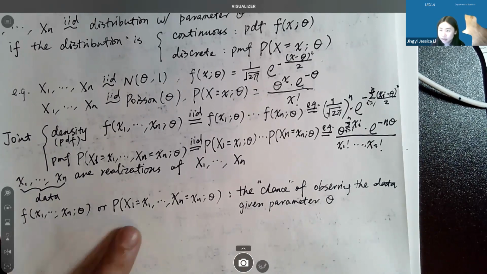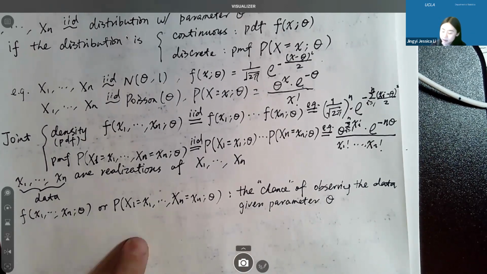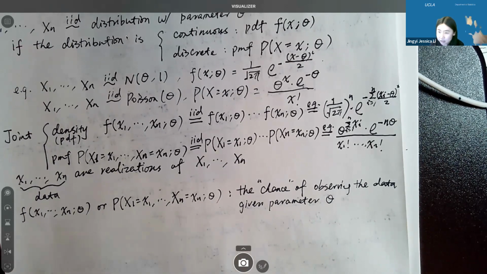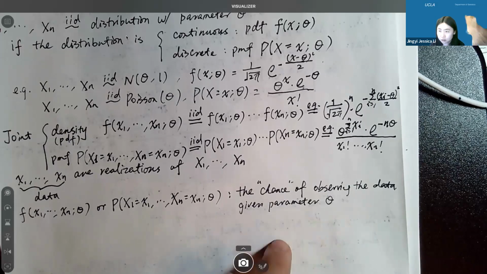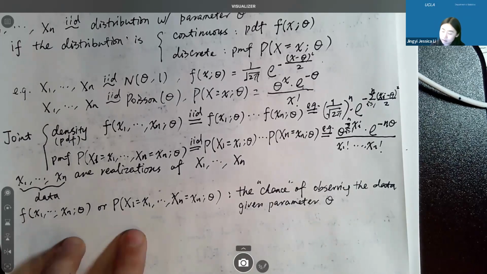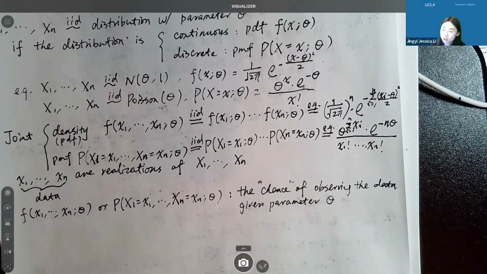So this will give us a way to think: maybe I should guess theta to be the value so that my chance of observing the data is maximized. That's the intuition behind MLE. So let me just write it here.